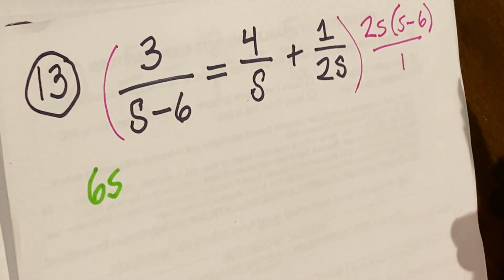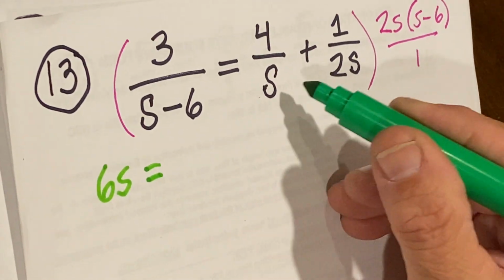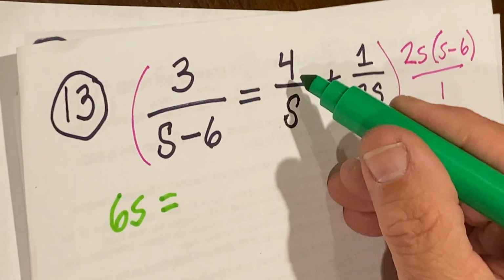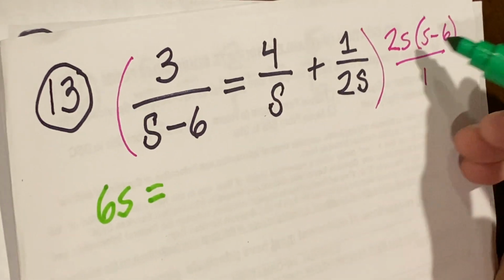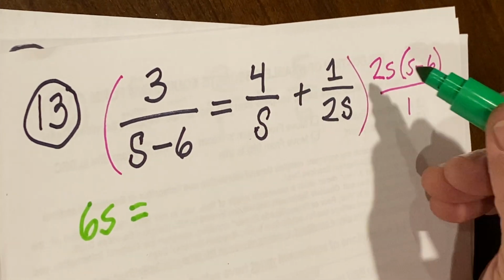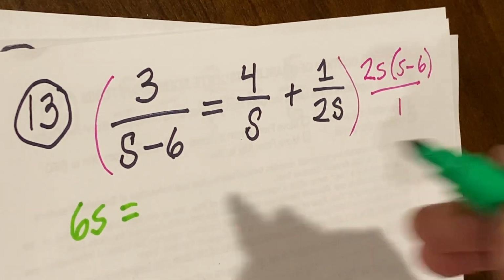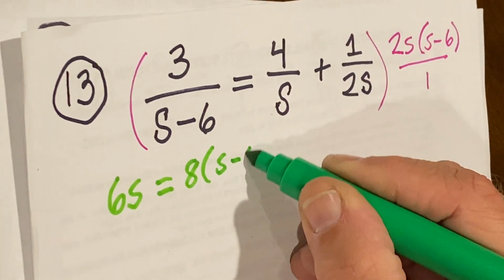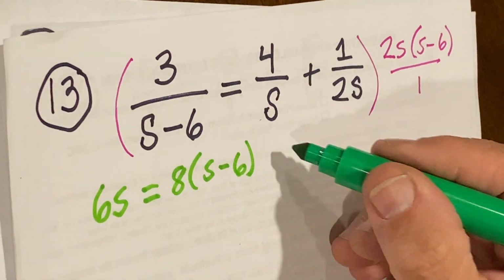Now, when I say equals, when I get to the next term, this whole thing comes back. It's this guy times this guy now. This s cancels with one of these s's, and I get 4 times 2, which is 8 times s minus 6. So it's 8 times s minus 6, okay?